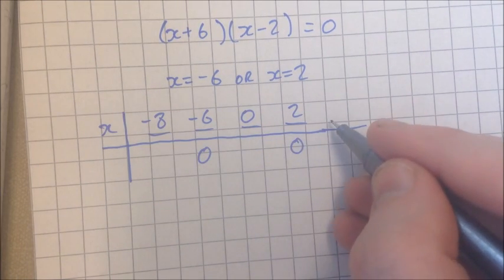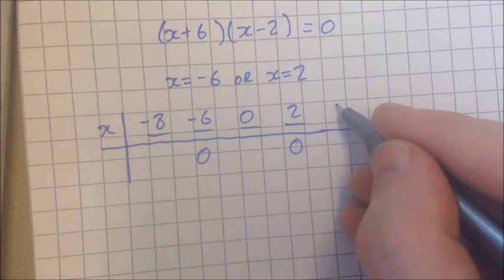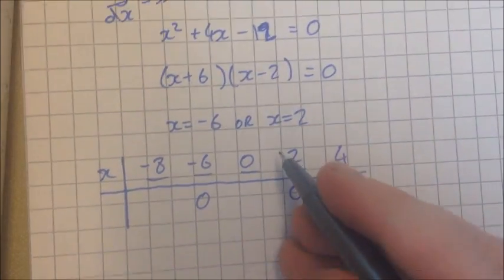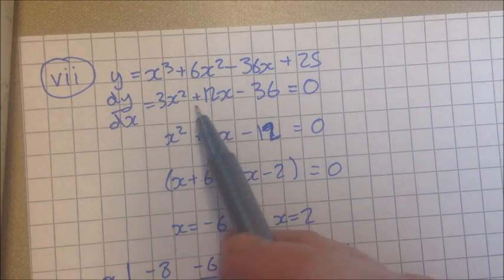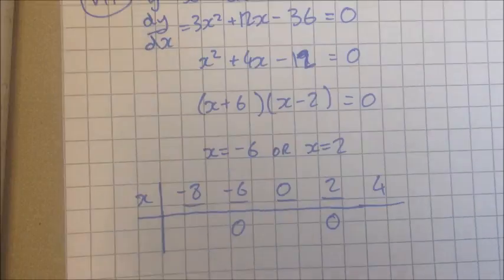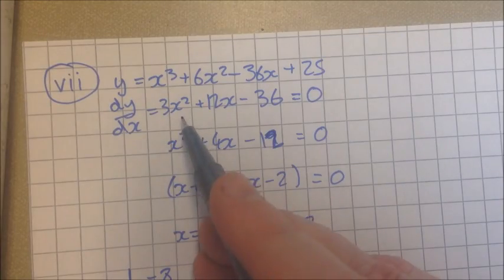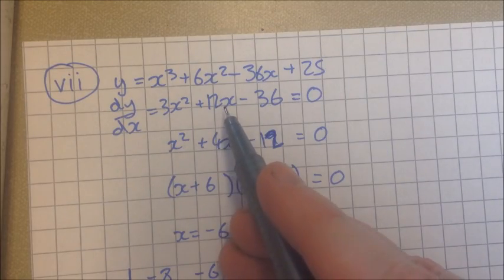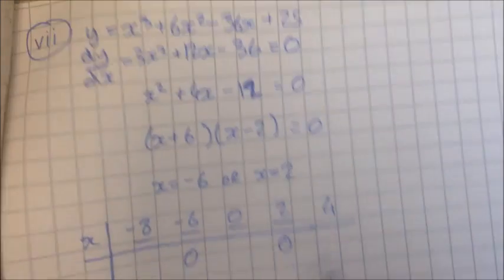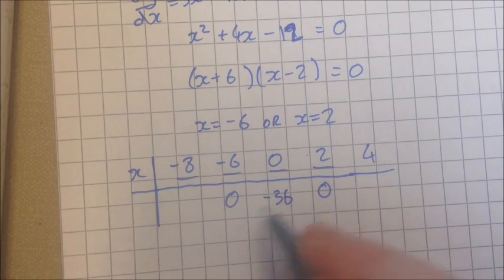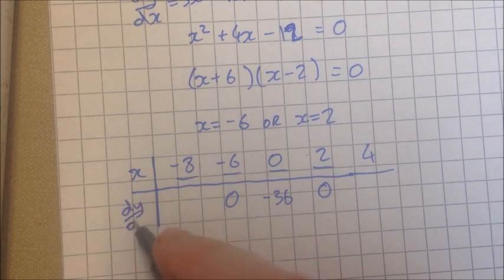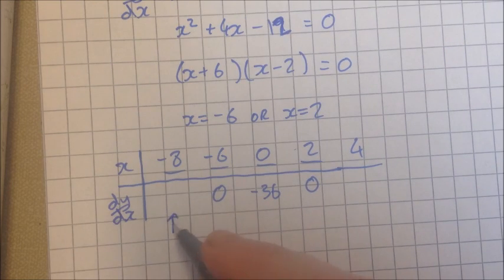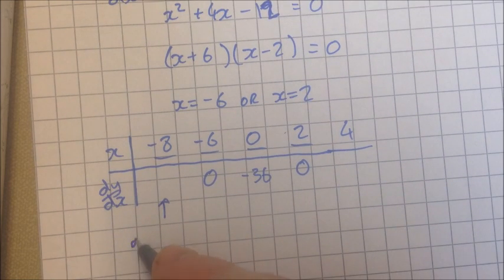We know that's 0, and we'll call that 4. Plug that back into that formula there. So 0 squared, 12 lots of 0, that's all going to be 0, so this is going to come out as -36 for your dy/dx. This one, however, is going to be a bit more complicated.